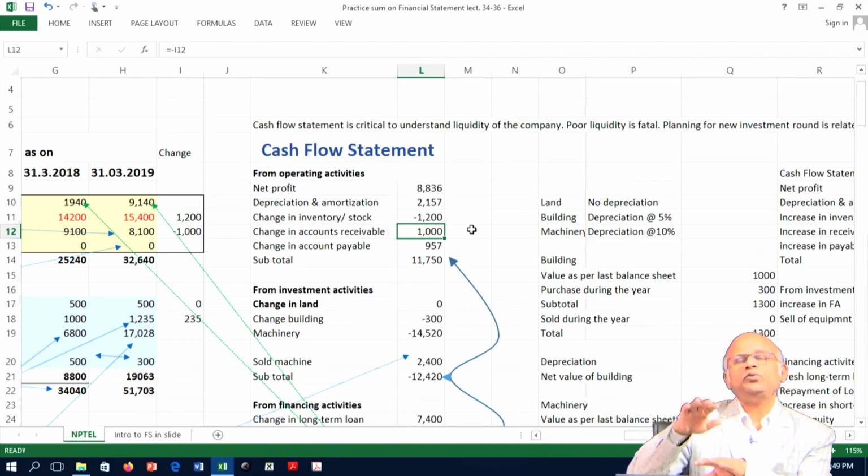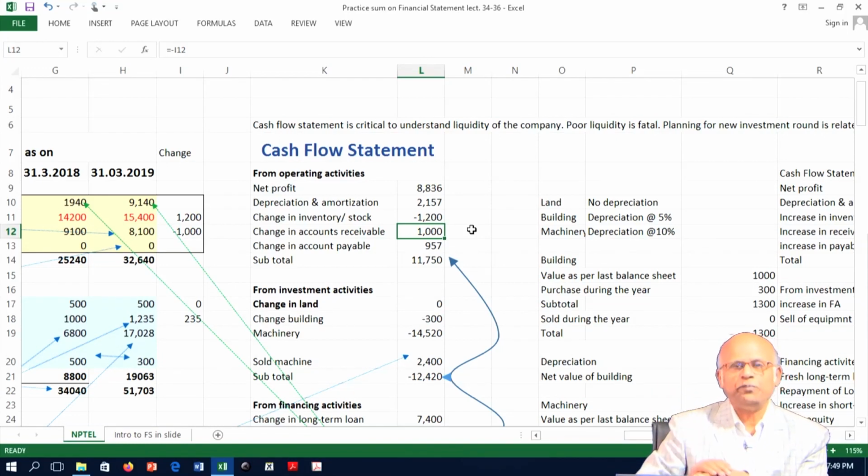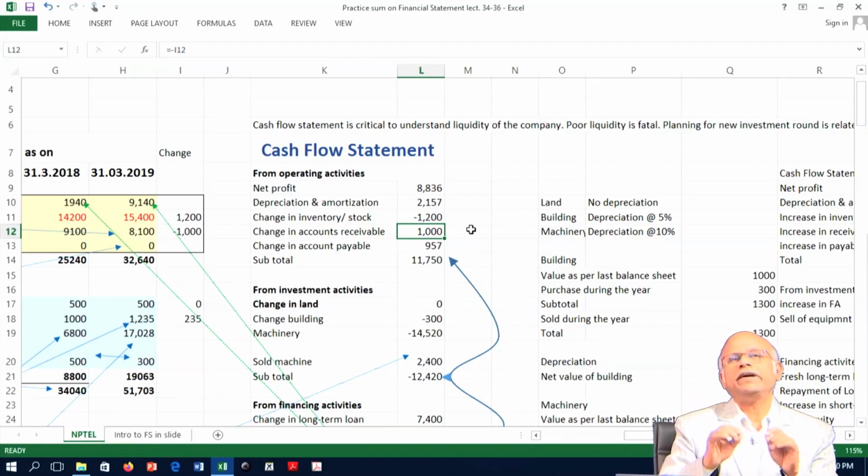So, definitely you spent 2,000 rupees to build this receivable. It may not be exactly 2,000, because there is an element of profit in that. Forget about all those small things. Just presume that by whatever value the receivable has gone up, this is a utilization of cash. So, that should be regarded as cash outflow.